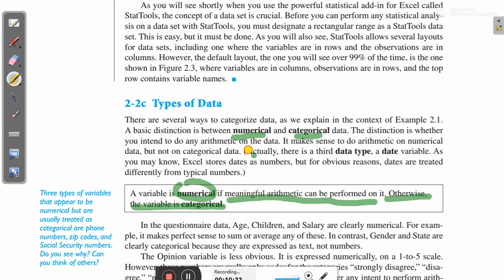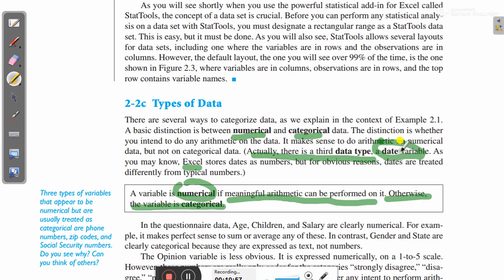Again, here you can look, there is a third type of data type, which is date variable. Actually, this point is in relation with Excel, because in Excel date also becomes a different variable other than numerical and categorical.